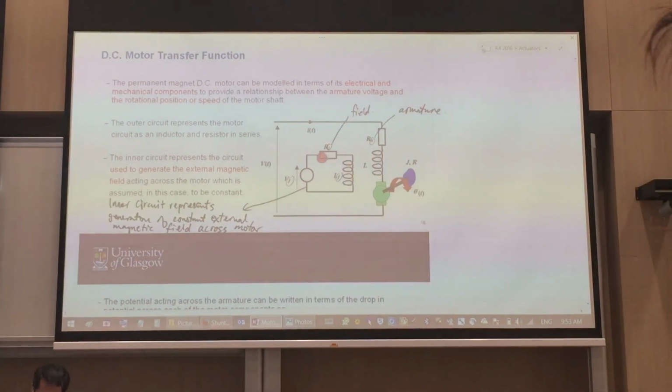So this is the part that's generating your permanent magnetic field, so that your armature would rotate.